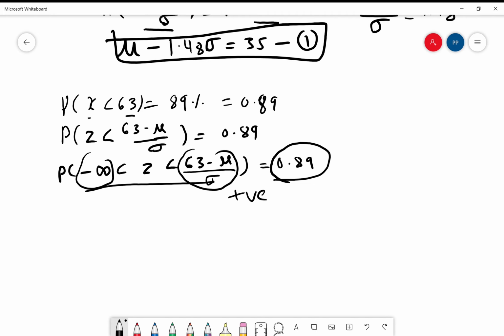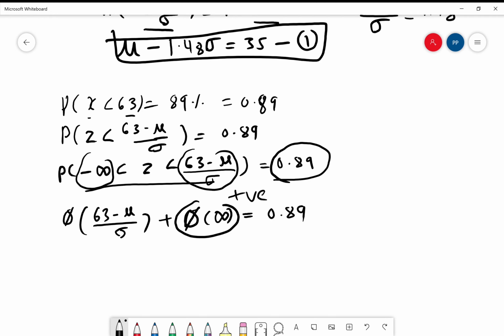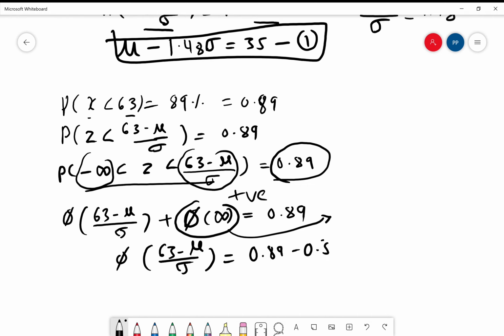Okay. Therefore, using the result, you can write it as phi of (63 minus mu) by sigma, that positive value, plus phi of infinity equals 0.89. This is 0.5. Substituting, similarly here, you are getting phi of (63 minus mu) by sigma equals 0.89 minus 0.5, which is 0.39.